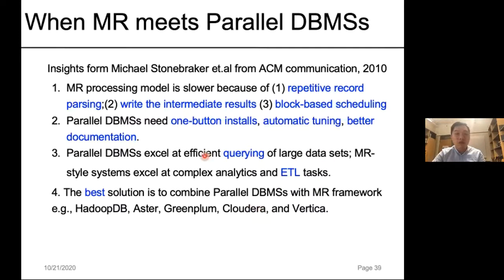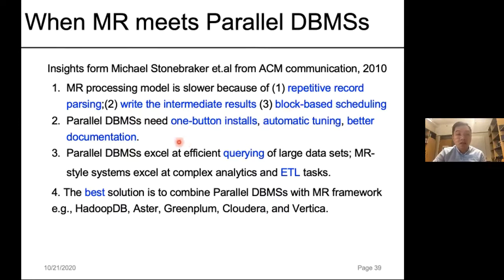First of all, they believe the MR processing model is slower because of the repetitive record parsing, and it writes the intermediate results into disk, and it uses block-based scheduling, while the relational database can do tuple-based scheduling without parsing the records, and without writing the intermediate results frequently.